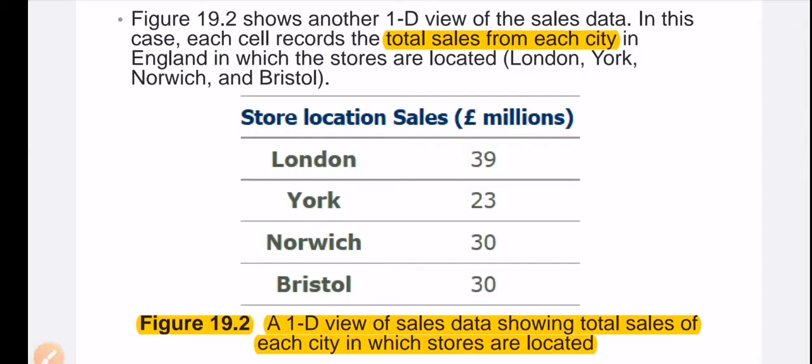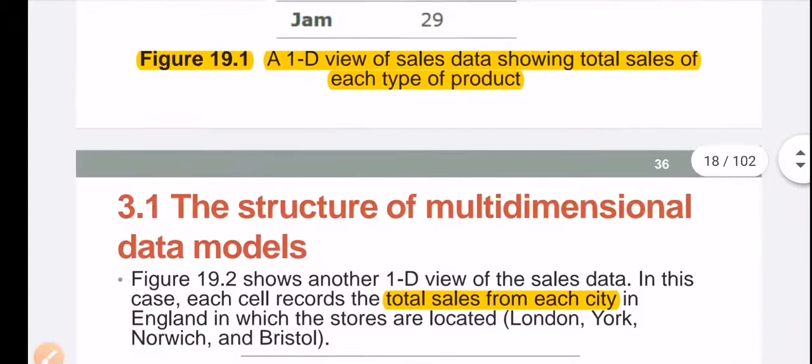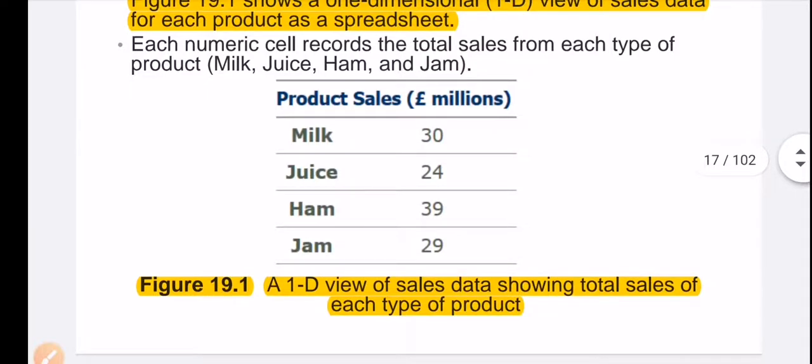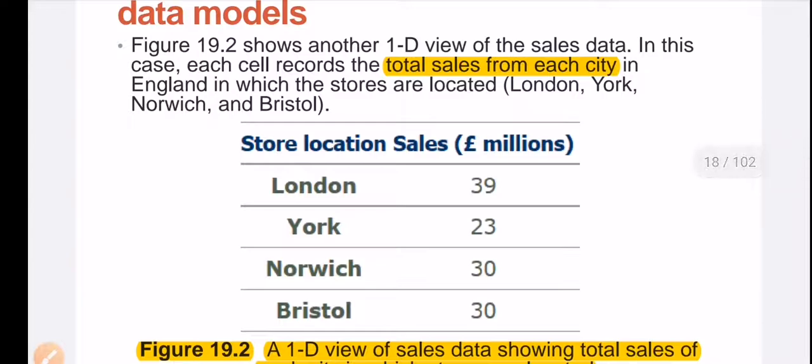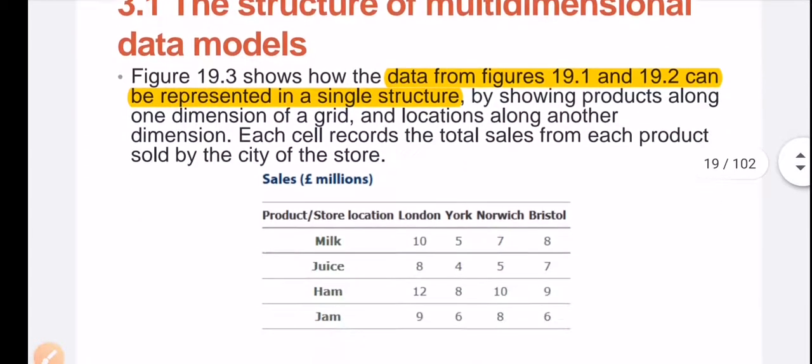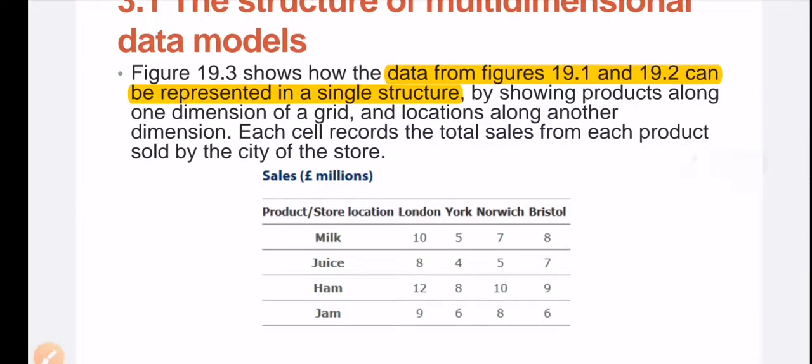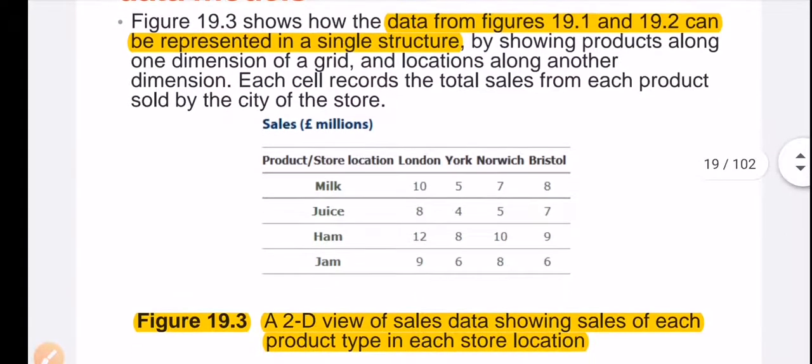If we want to combine these two one-dimensional views together, we will get a two-dimensional view, which will hold product, store location, and sales. So we will get this two-dimensional view.